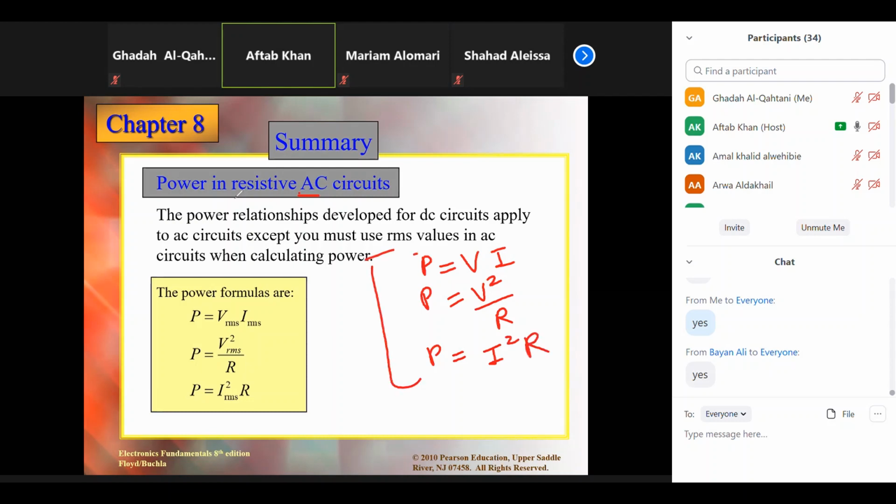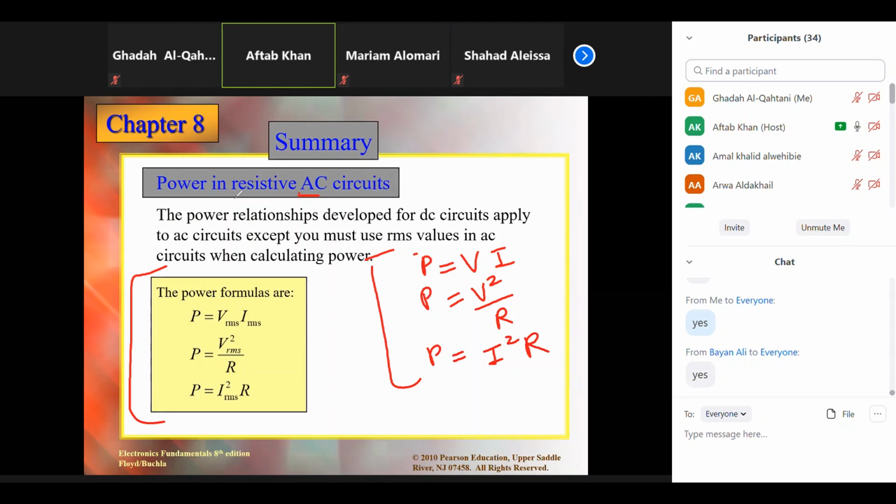These formulas are the same in resistive AC circuits as well, provided you use the DC equivalent values. I already explained how you can get the DC equivalent value by taking RMS values, not the peak values. So we first need to find the RMS values, then we can find the power.